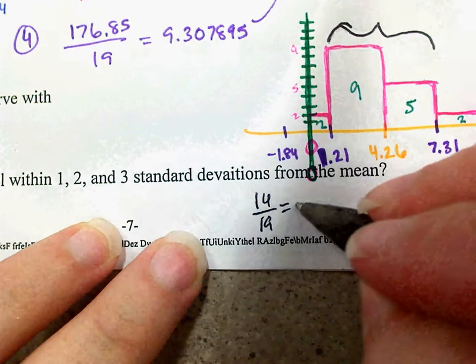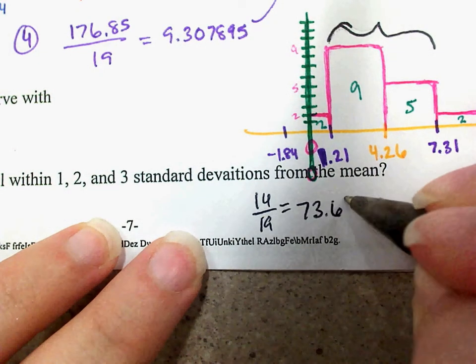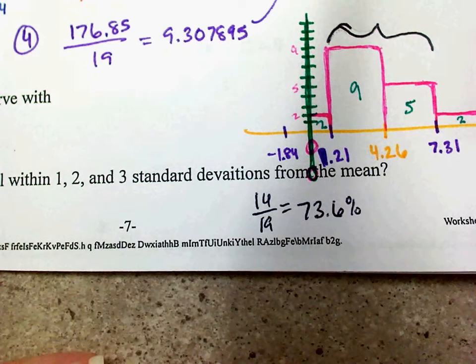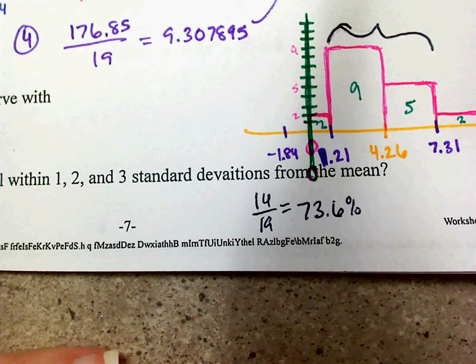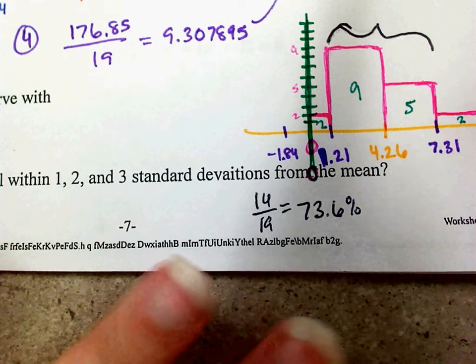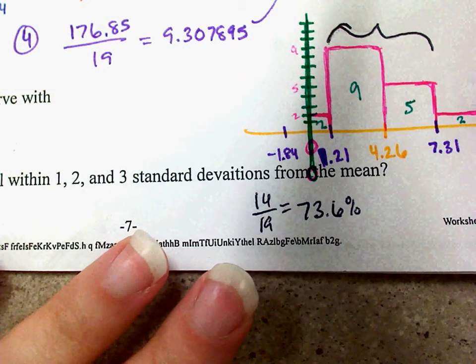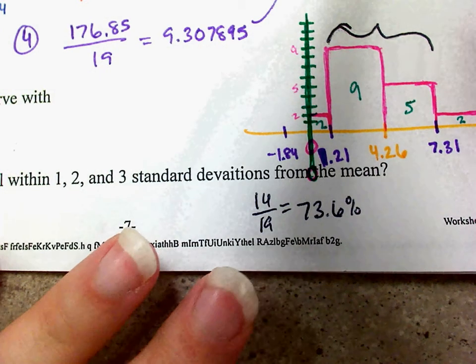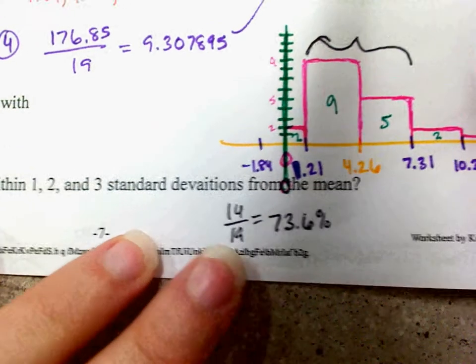Was I wrong on mine? My picture up there? Does someone have the picture of it real quick? Look at it real quick, because I think I might have been wrong. Okay, what about 2 standard deviations? 18.